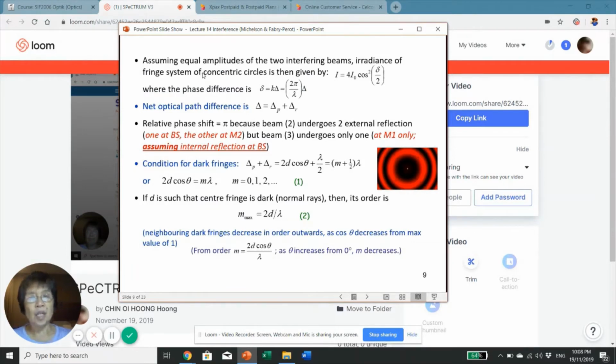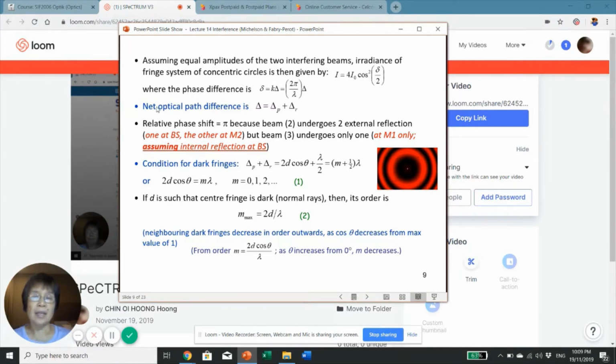Let's assume that the two interference beams have equal amplitude, then the variation of intensity will be given by this, which we already obtained from the previous lecture. But this has to do with the phase difference that arises from the optical path difference.